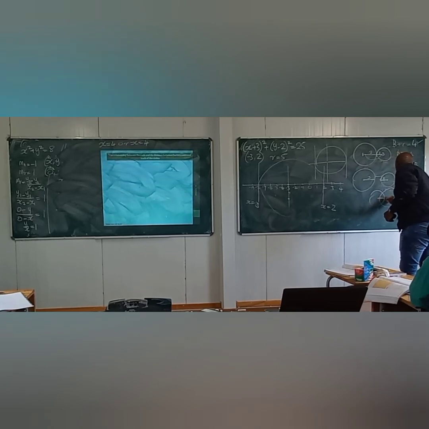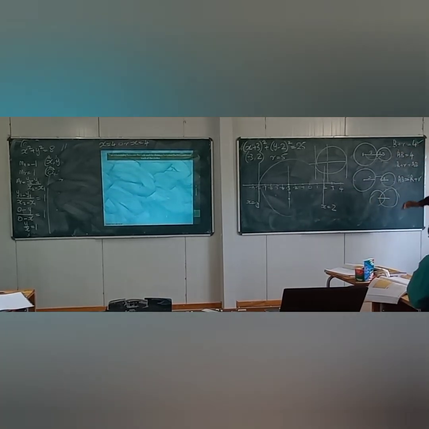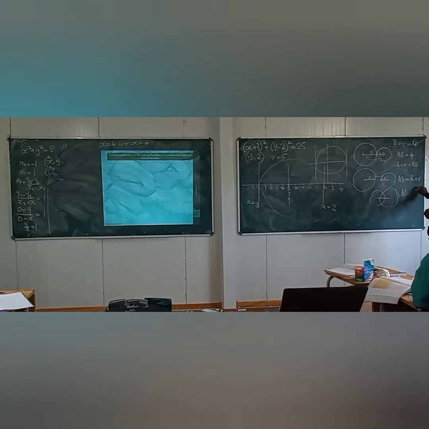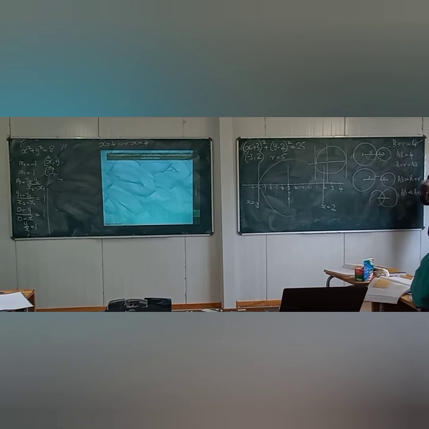Again, take the radii and the centers. AB is what? Because the distance here is smaller, the two circles intersect.